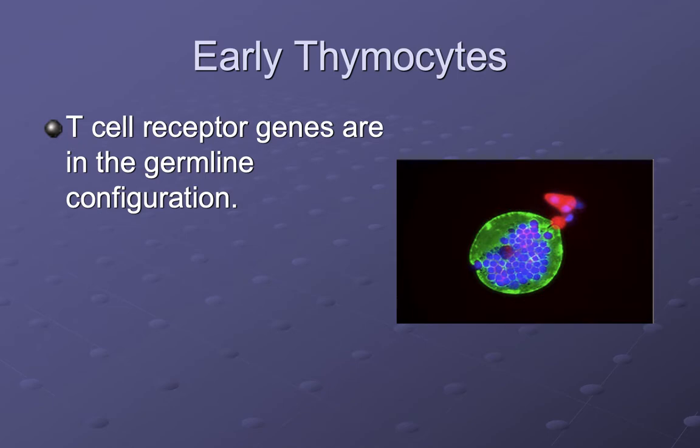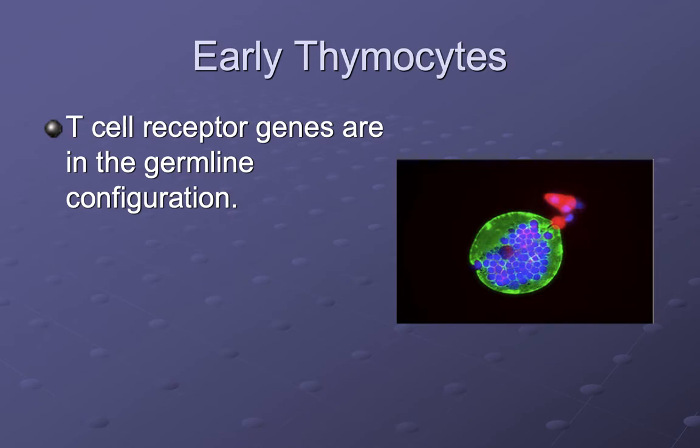The genes encoding the T cell receptors in the early thymocyte are still in the germline status, and we expect a transition from germline status to a status associated with maturing T cells.